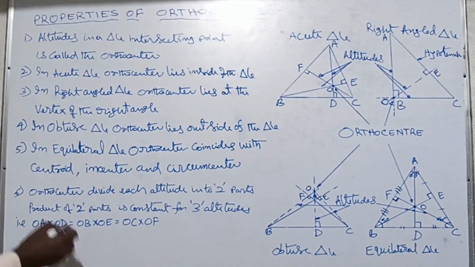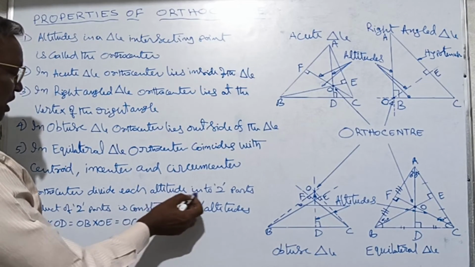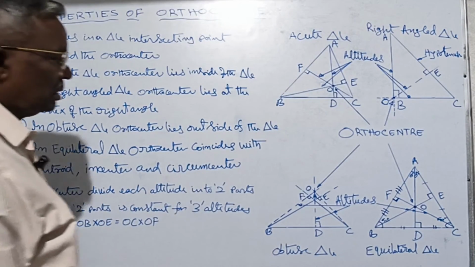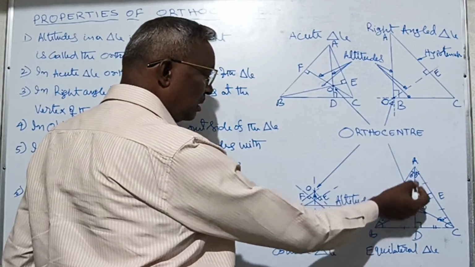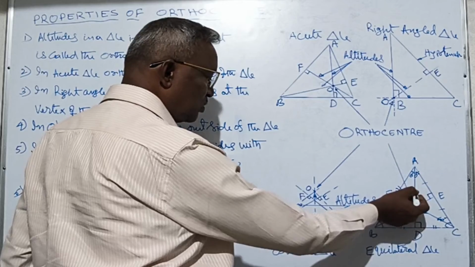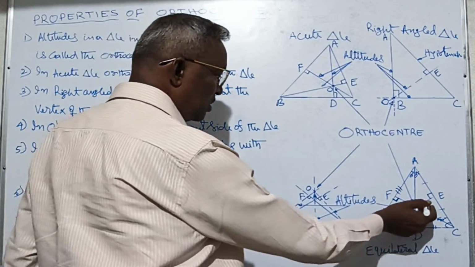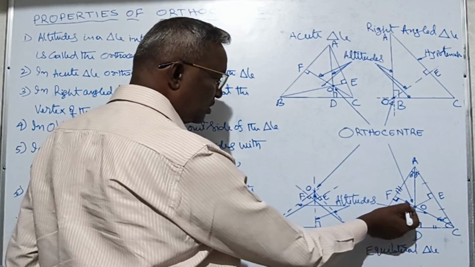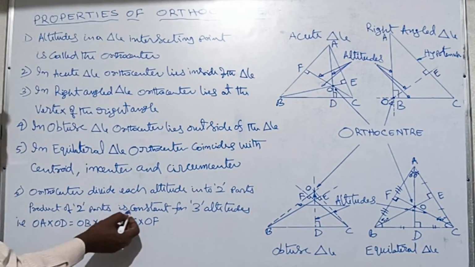Next, orthocenter divides each altitude into two parts. This is one part, this is other part. Similarly, this is one part, this is other part.